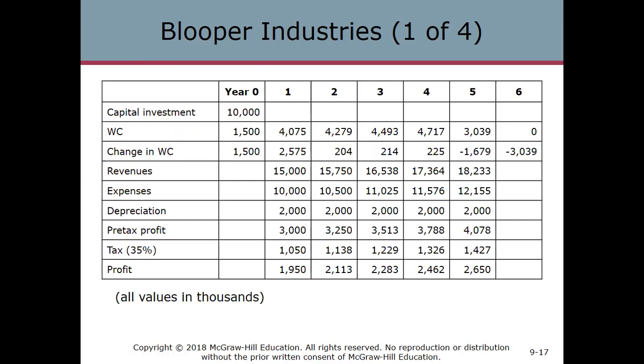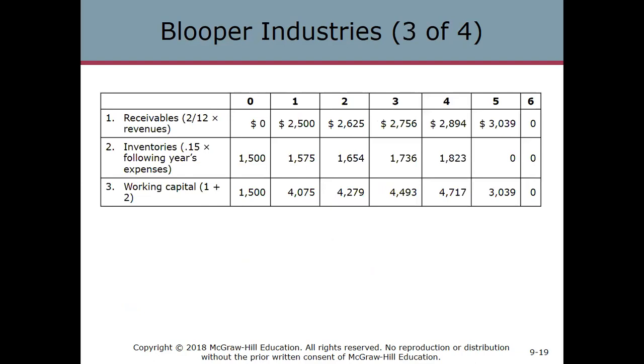That's the revenue rather. Expenses would be 10,000. So 10,000 times 0.15. While for year two, 10,500 times 0.15. So that is equivalent to 1,575, which should be our inventory levels for year one. So I repeat, inventories would be 0.15 of the following year's expenses.